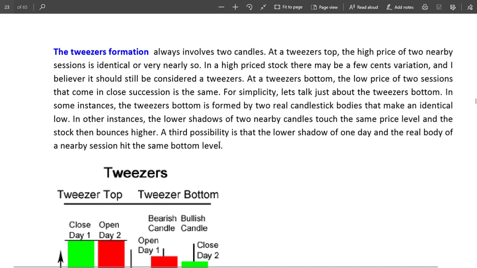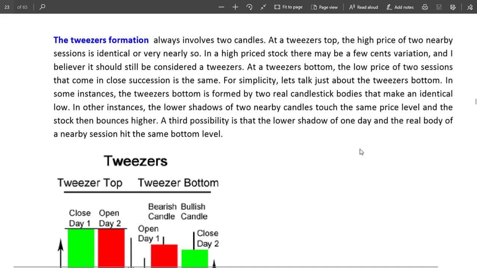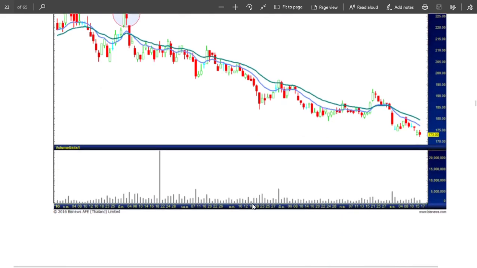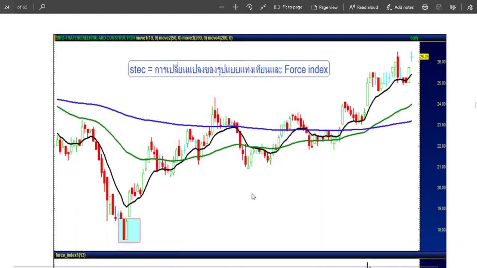Same thing here: the green candle, now the red candle falls as low as the bottom of this green candle. It might retest a bit, but it closes like this. The other candle forms lower. It shows a downtrend. So this is for the top. Now this is for the bottom.